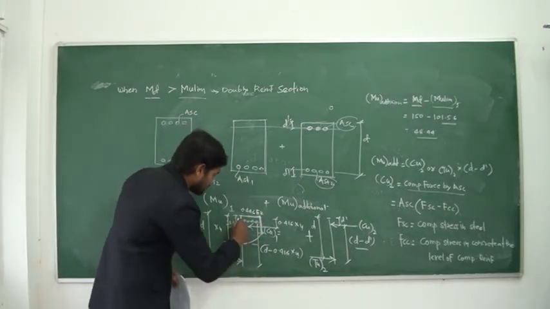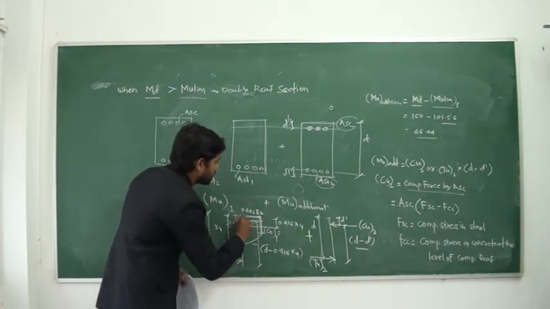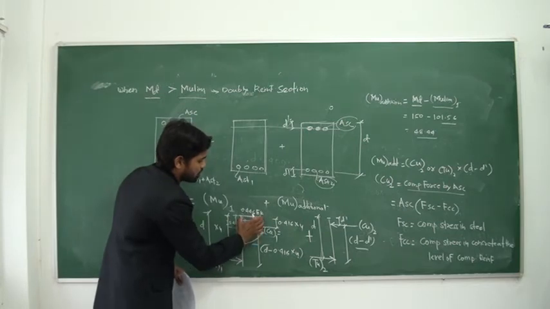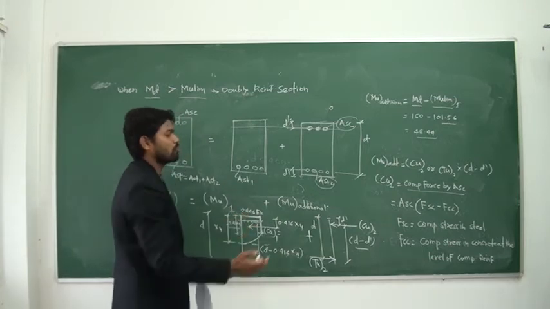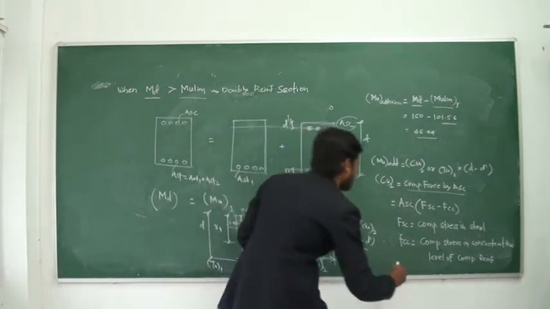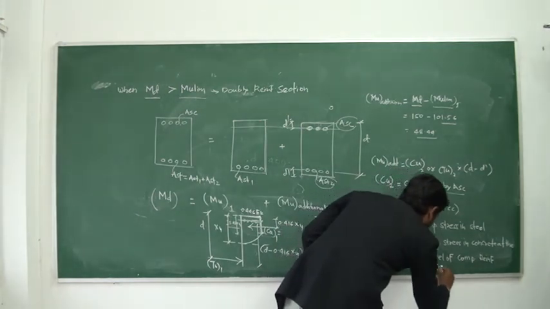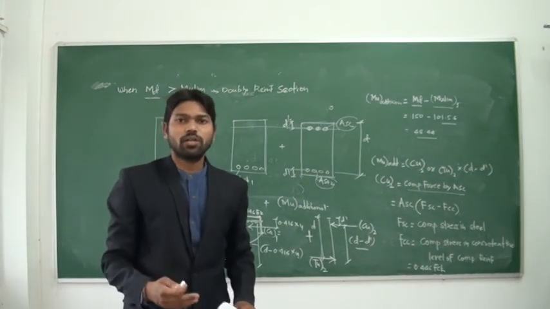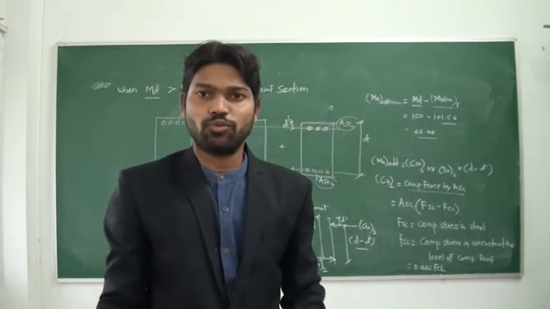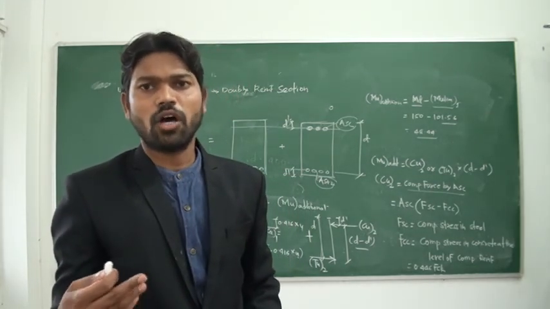It means the stress at this particular level is equal to the stress at the top. Here the stress is constant. So FCC value will be taken as 0.446 FCK, since the effective cover is less than 0.43 XU in the normal case.